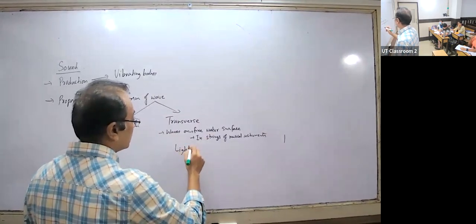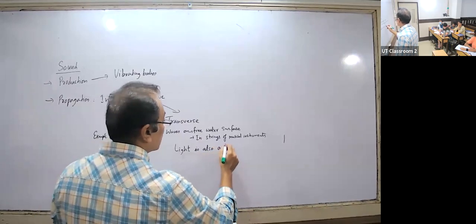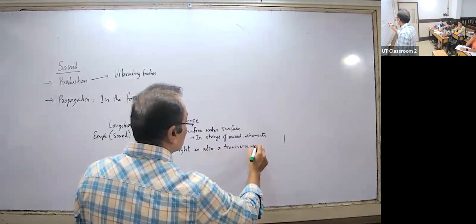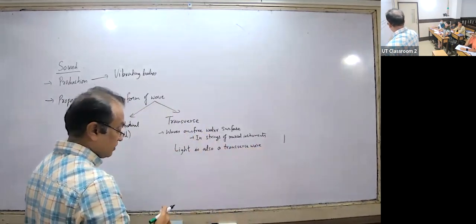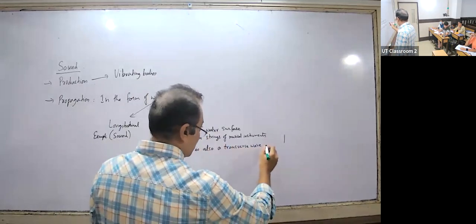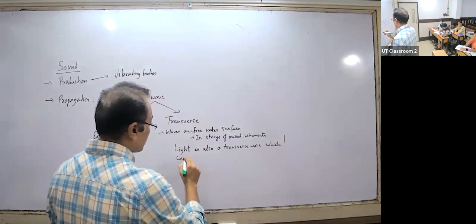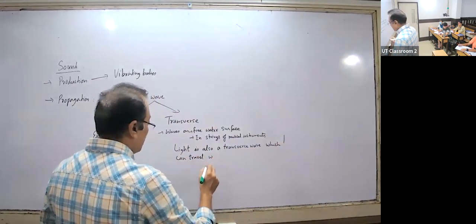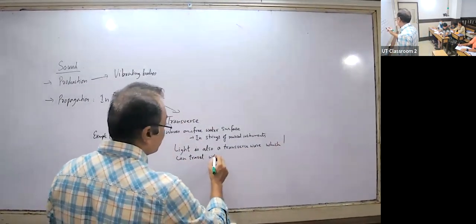There is a transverse wave which is light. Light is also a transverse wave. But there is a difference with respect to the other transverse waves, which can travel without a medium.